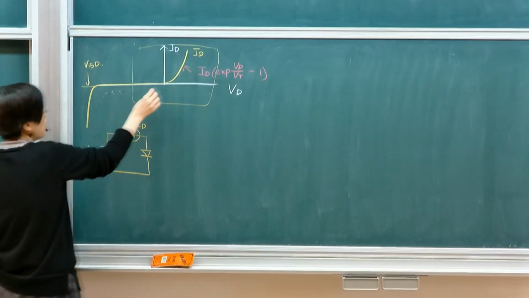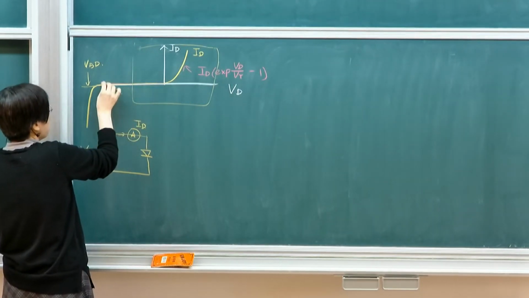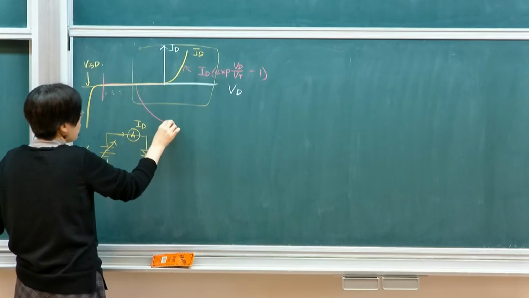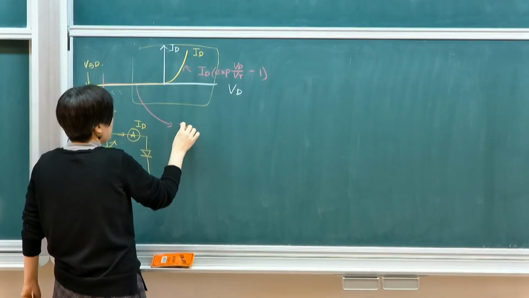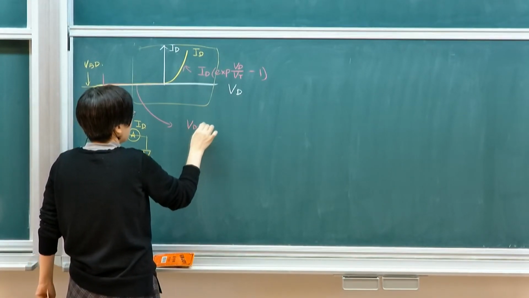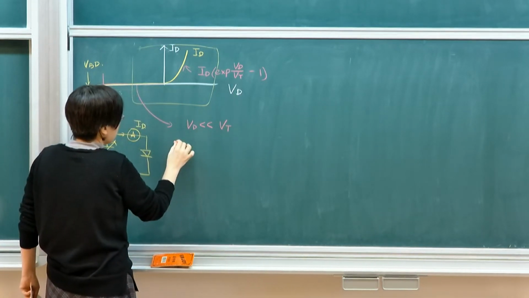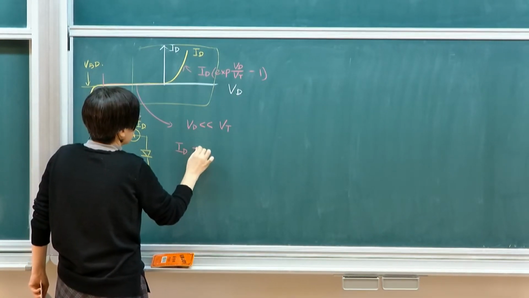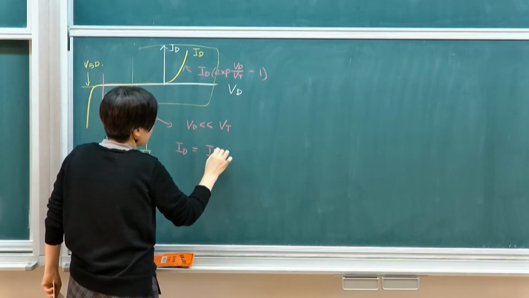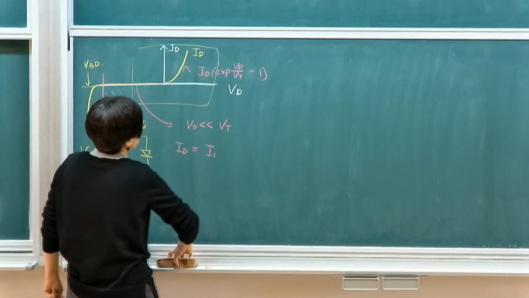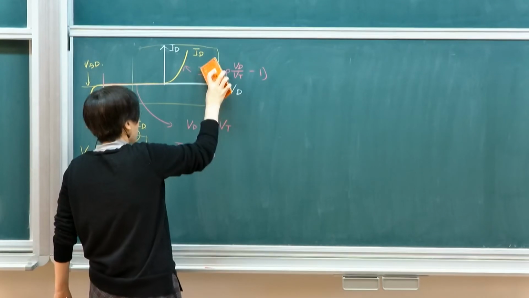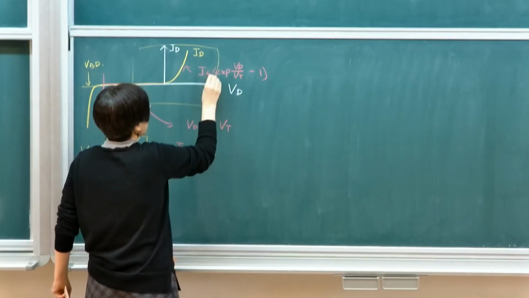So you see that it extends all the way up to breakdown. This equation still holds. So what happens if VD is smaller than VT, you expect to see a current which is, sorry, I made a mistake. The current equation ID is here.